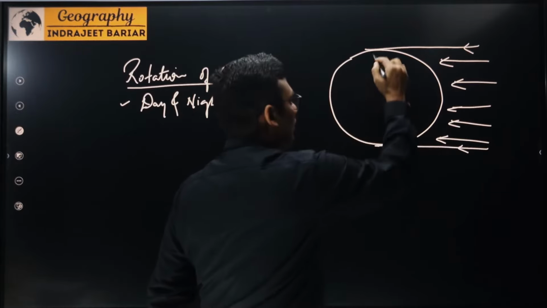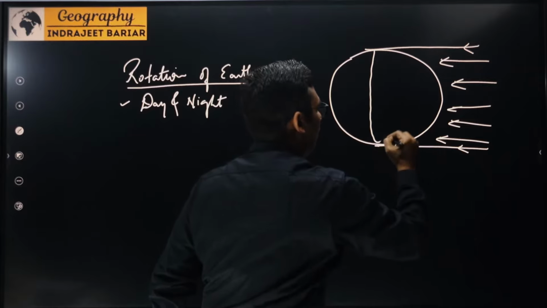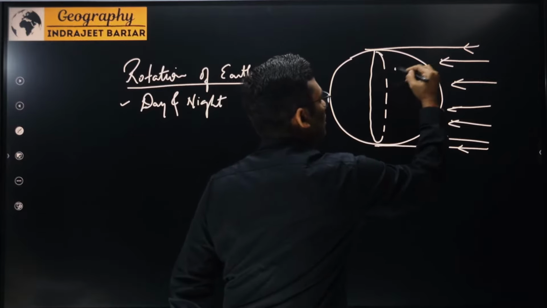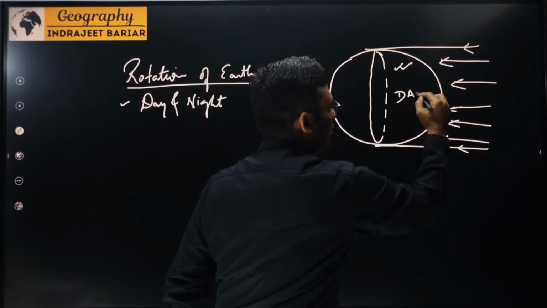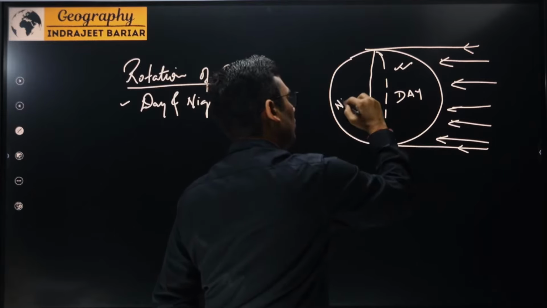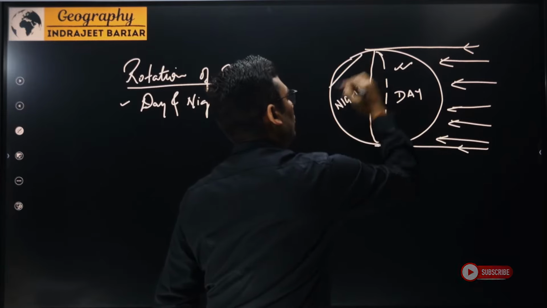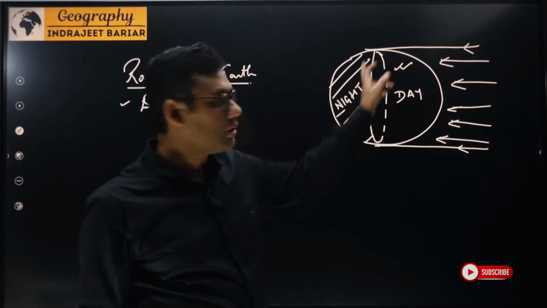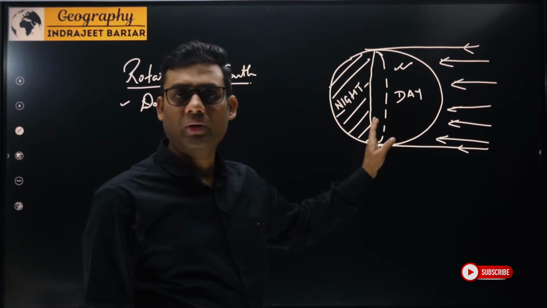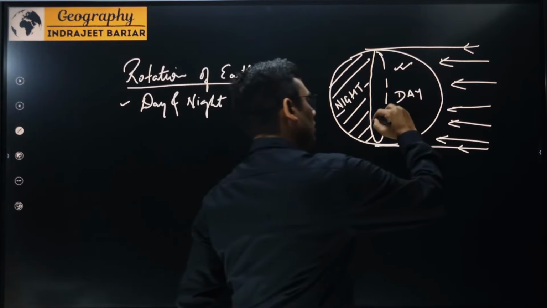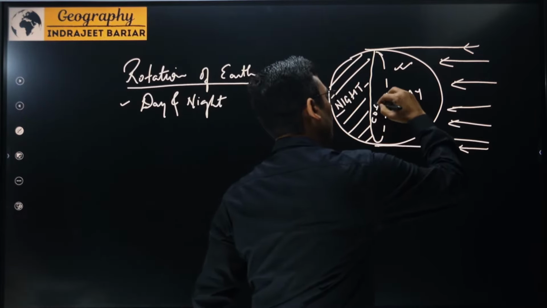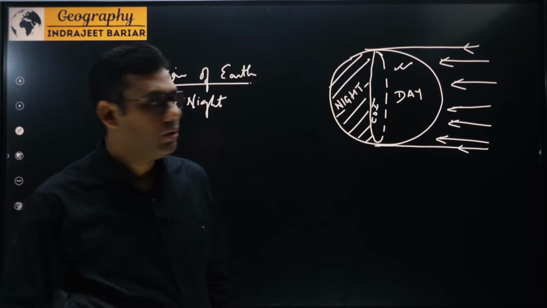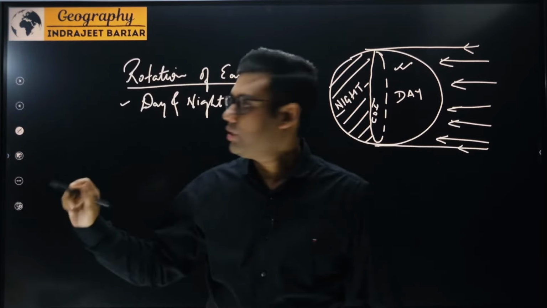And so the sun rays are effectively falling only on this side. So this represents the day, and the opposite side, the darker side, represents the night. And this circle, which has been created by the sun rays falling, is called the circle of illumination. So this is the first effect produced by the rotation.